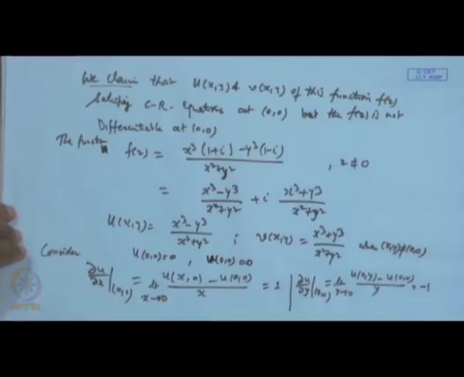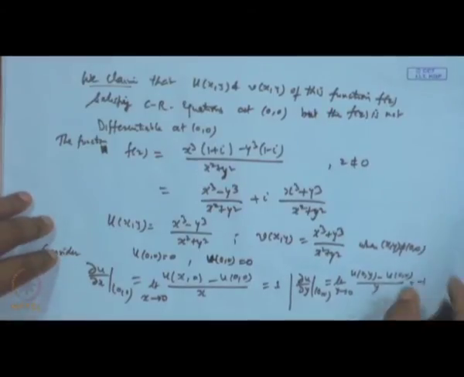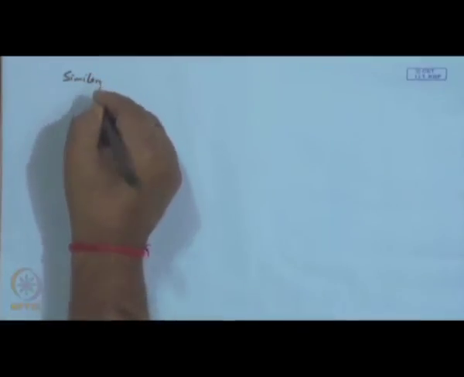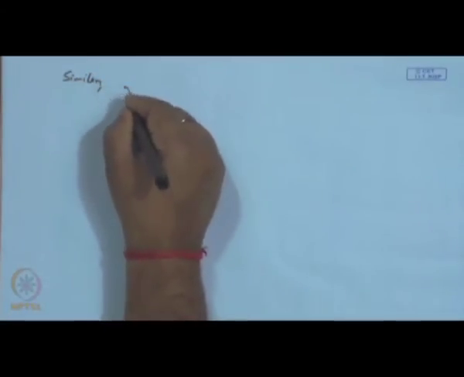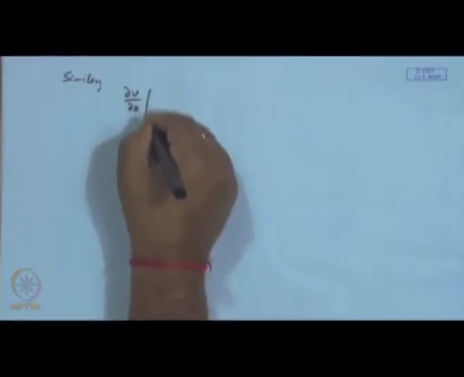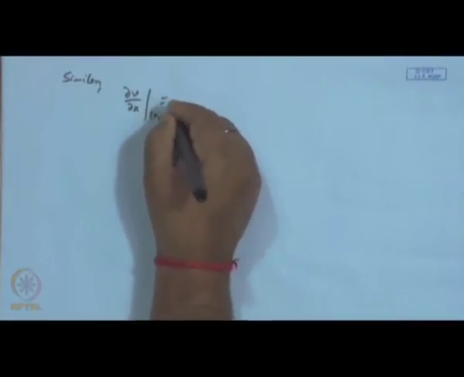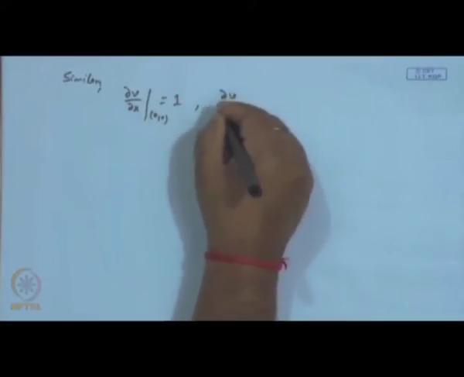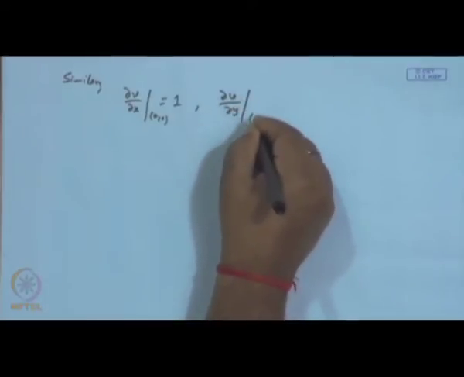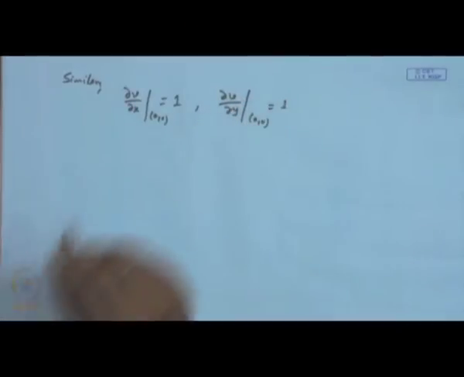And del v over del x at the point (0, 0), similarly you can verify that it comes out to be 1, while del v over del y at the point (0, 0) will also be 1.